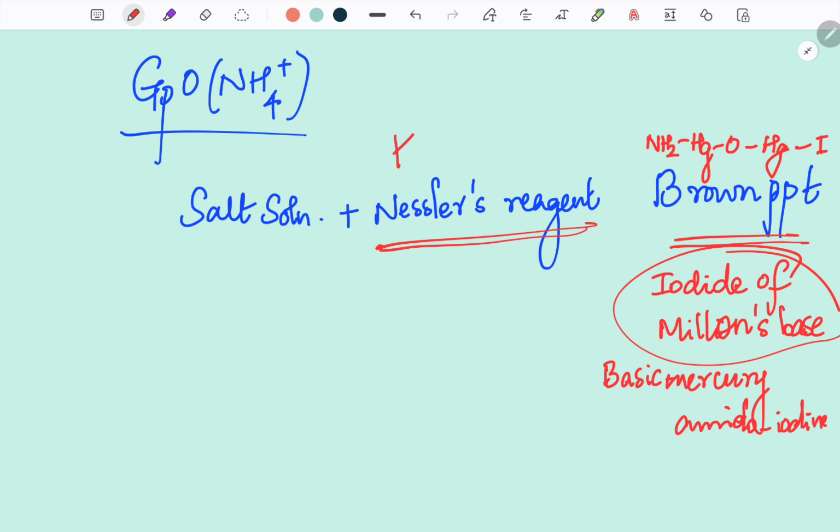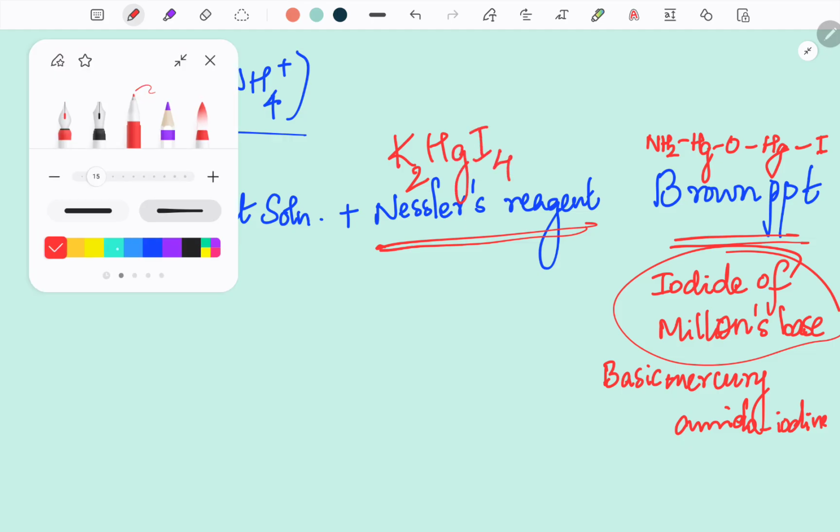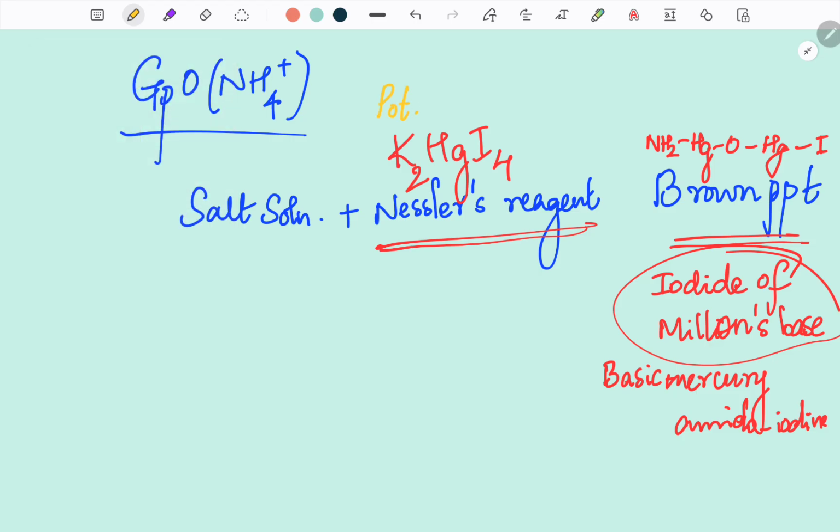Nessler's reagent has the molecular formula K2HgI4, and the chemical name of this would be potassium tetraiodomercurate.